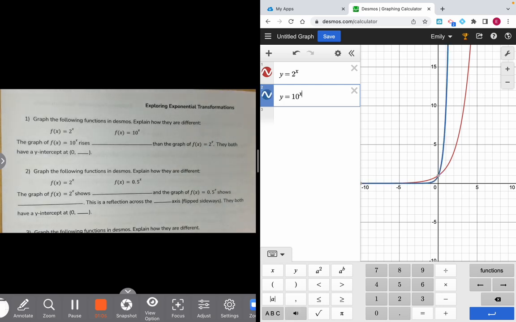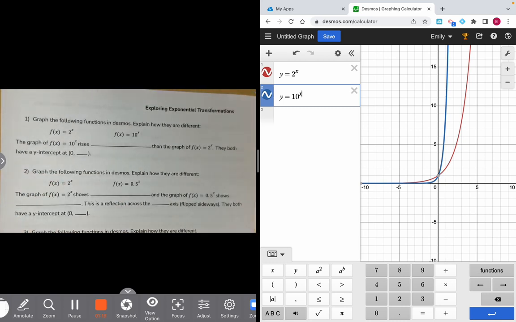You may ask, why am I putting in y instead of f of x? Just remember that it's the same thing. I'm just making it a little easier on myself by using y. What we notice here is that the red line on the graph is our first one, and the blue one is the second equation.